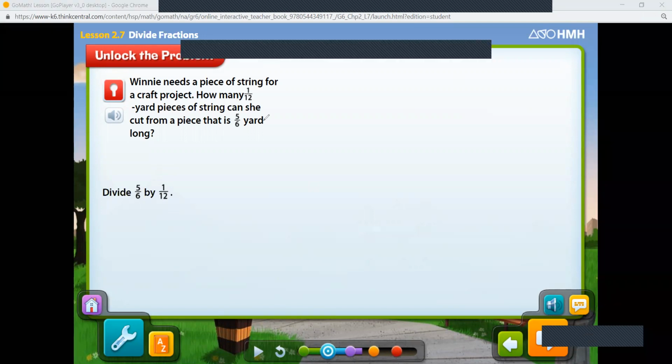What am I writing? I will write 5/6 divided by 1 over 12. So what am I going to write? 5/6, no. Division becomes... it becomes... my dear, I'm talking about this. Flip. The division becomes multiplication.